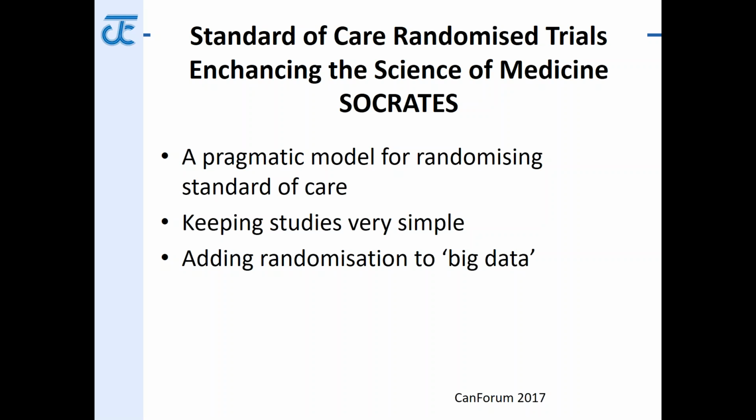The process for this is to keep the studies very simple and to look at this as a mechanism of both establishing a database of randomized evidence through a simple web-based collection device, but also, I'll come back to this at the end, consider using the randomization as a way of adding to what's currently talked about in terms of big data, where we're looking at observational data usually to inform decisions about clinical practice, etc., but usually where randomization is not part of that.